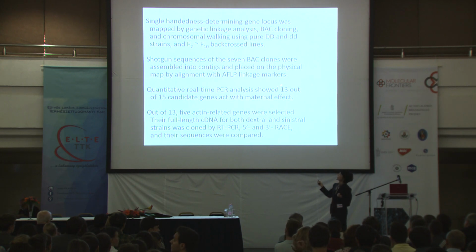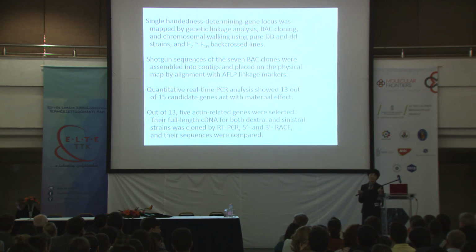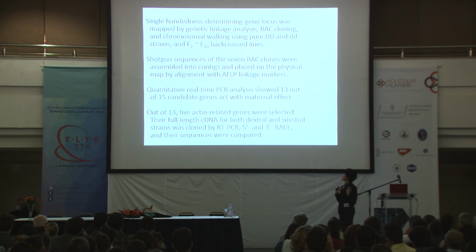We had the backcross lines. And with shotgun sequences, the 7 BAC clones were assembled into contigs. Actually, it's a bit of trouble to make it one contig. And also the physical map by alignment with AFLP linkage markers.